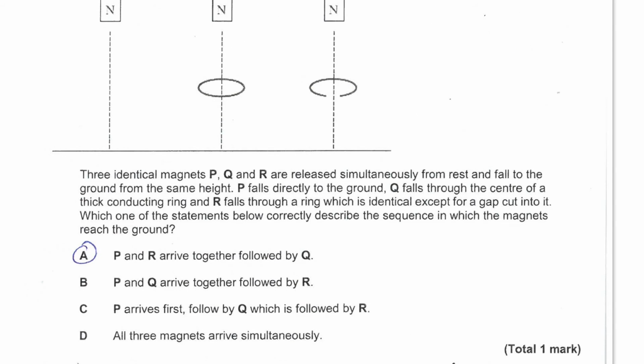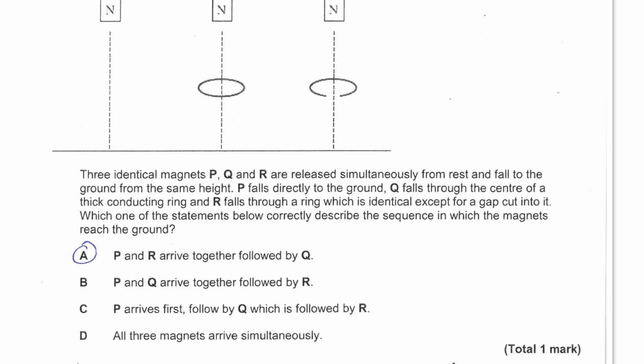Next, you are asked to consider three identical magnets, P, Q and R. They are released simultaneously from rest and they fall through the same height. P falls directly to the ground, Q falls through the centre of a conducting ring, and R falls through a ring which is identical except that it has a gap cut into it.